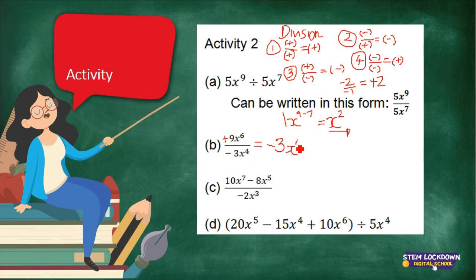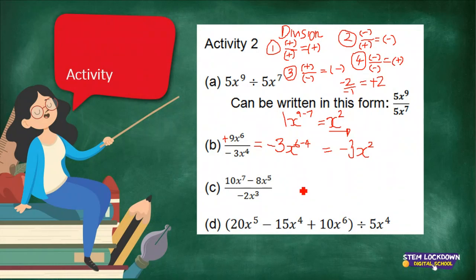So it will be 6 minus 4, right? So here your answer will be negative 3 and x. 6 minus 4, answer is 2. Okay, this one is simple as well.